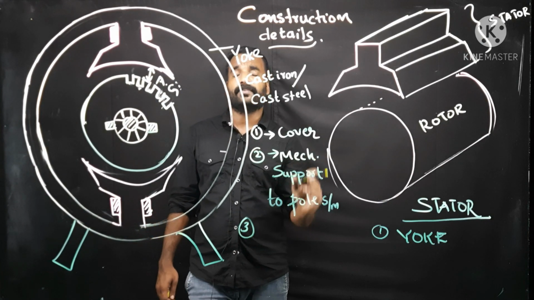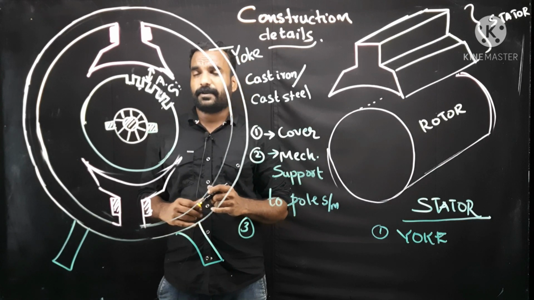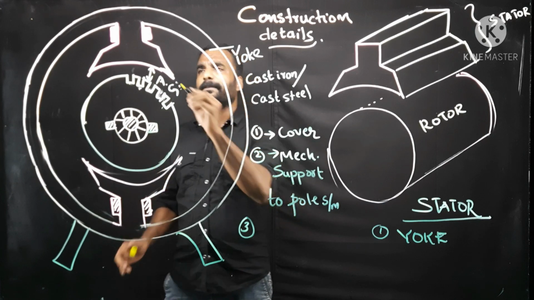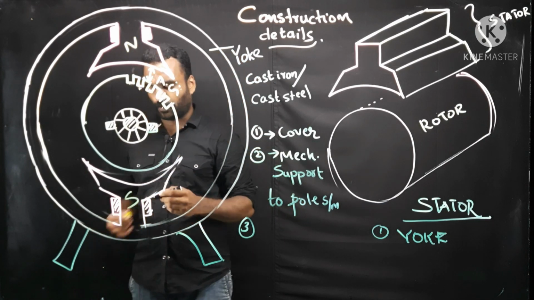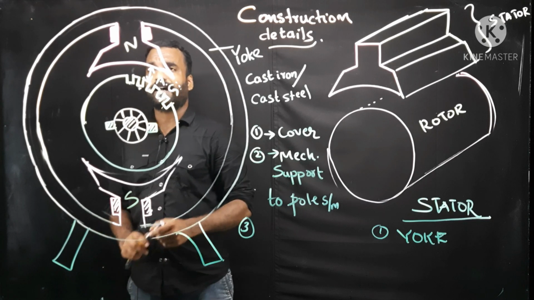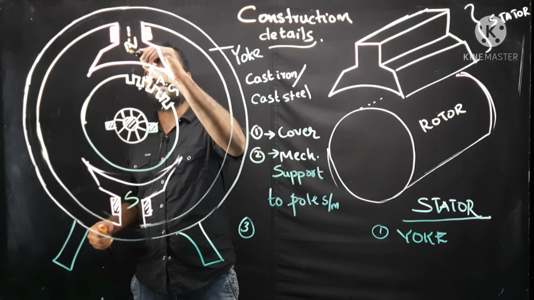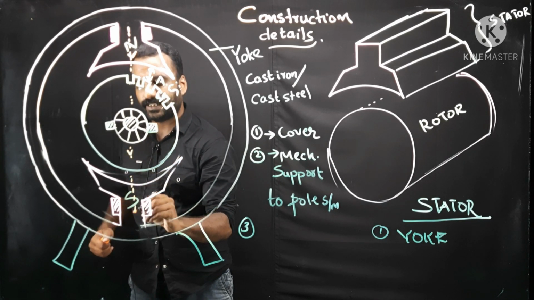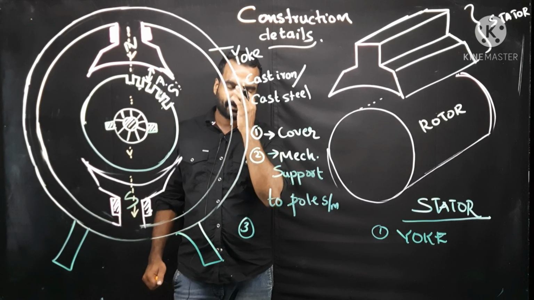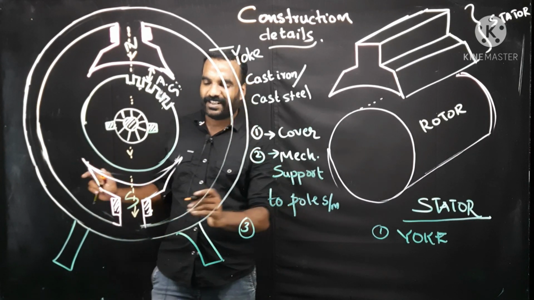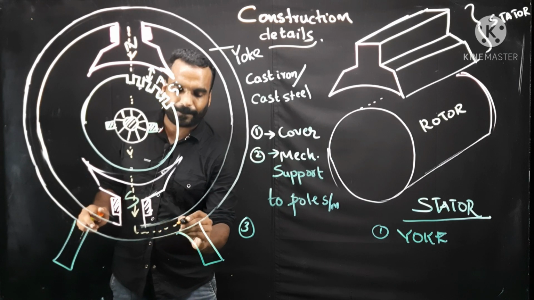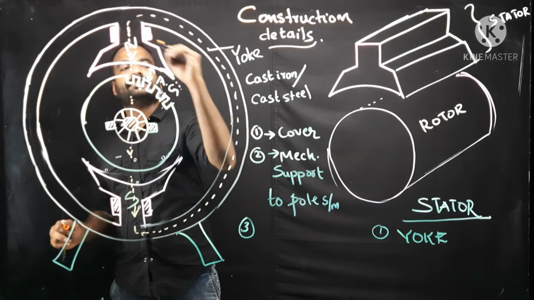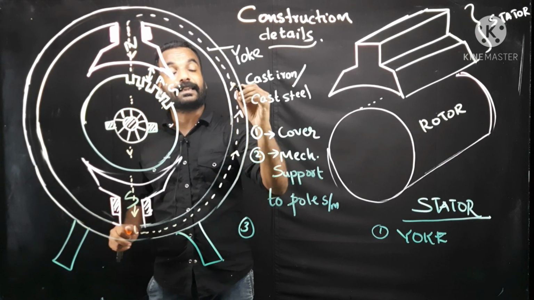The third point is very important. Generally students miss the third point and write only the first and second points. But this is the main thing. If this is the North Pole and this is the South Pole, you know that magnetic flux will start from the north and reach the south. Then will it stay there for a long time? No. It will pass back to the north again, and this path is known as the return path.